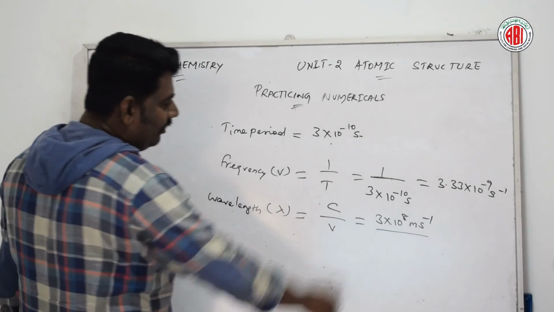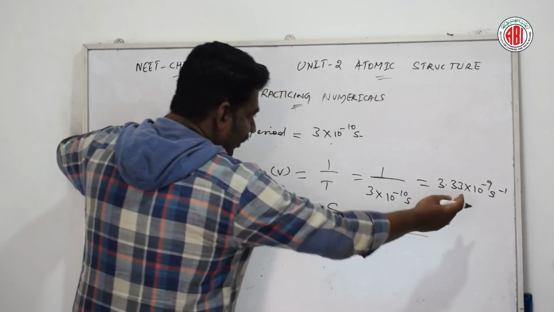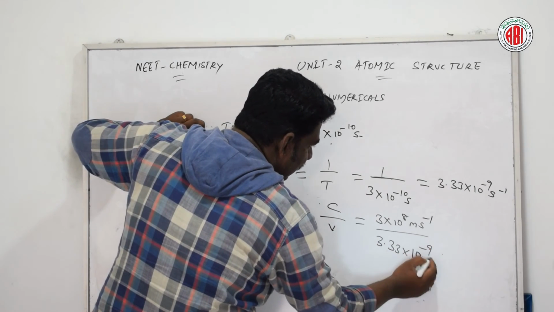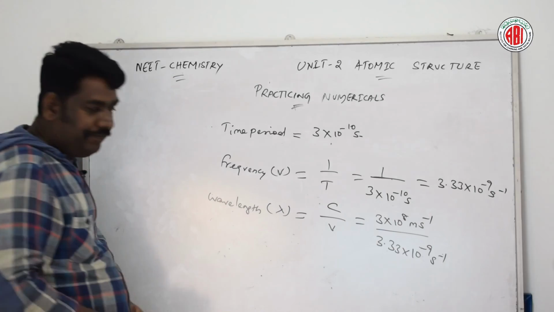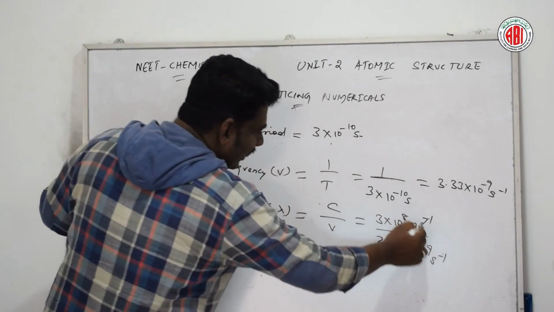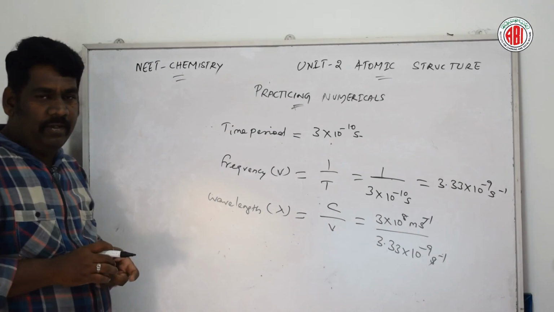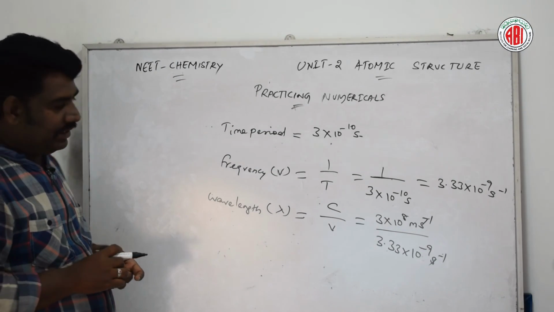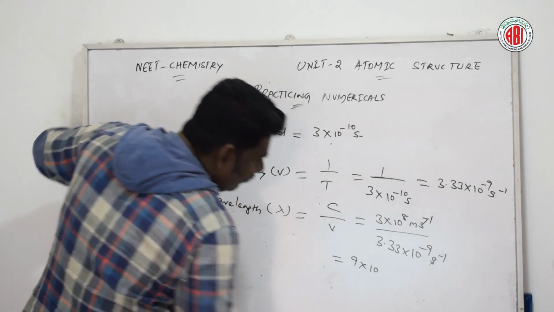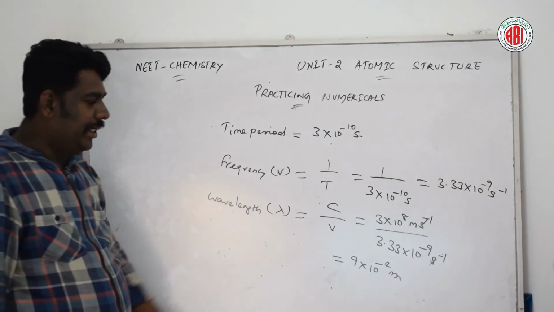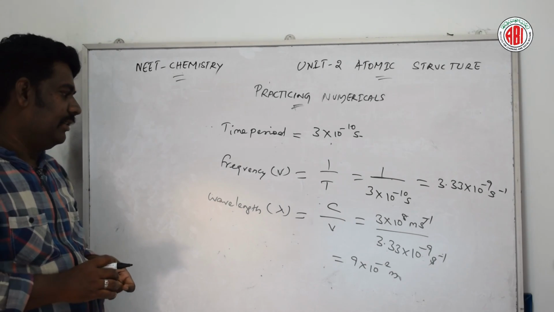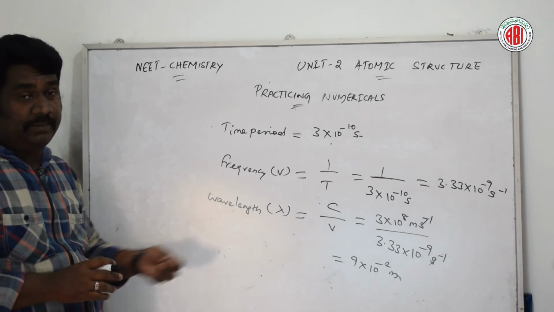So 3 into 10 to the power of 8 meter per second by the frequency value, 3.33 into 10 to the power of minus 9 per second. Simplifying this, second and second cancel, so meter will be left over. The wavelength we get is around 9 into 10 to the power of minus 2 meter. That is the wavelength, lambda.